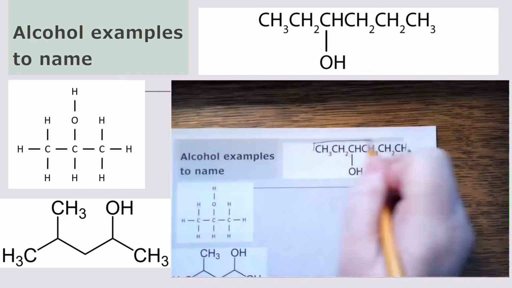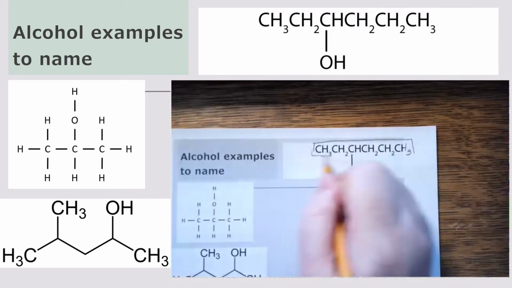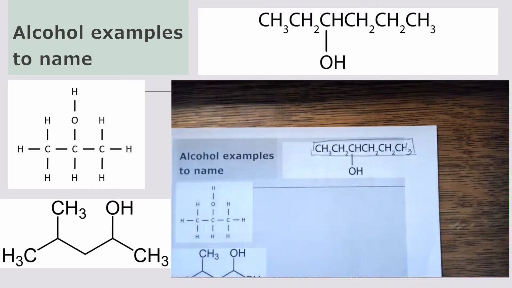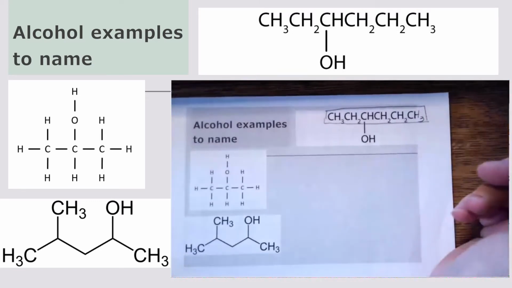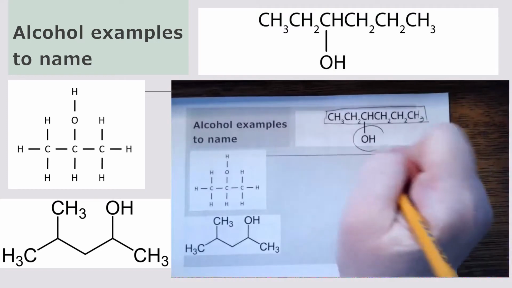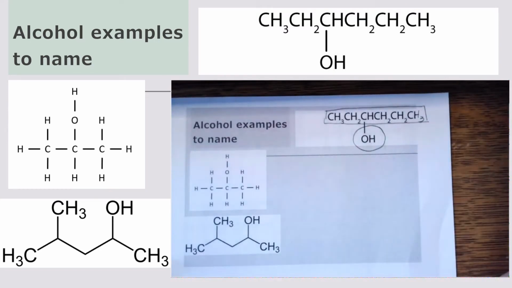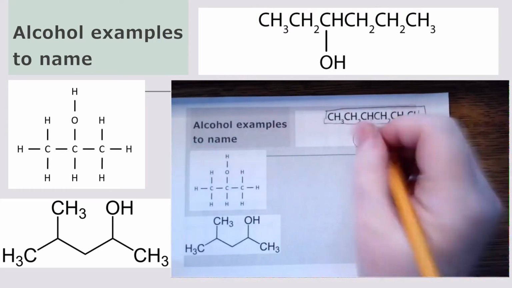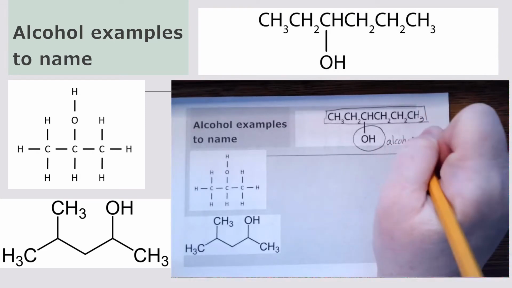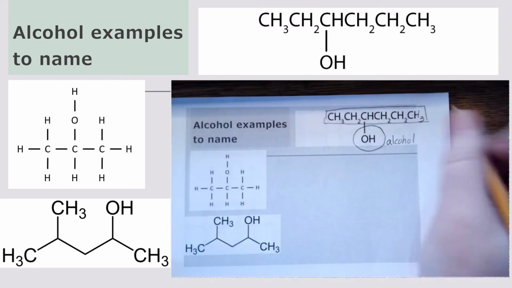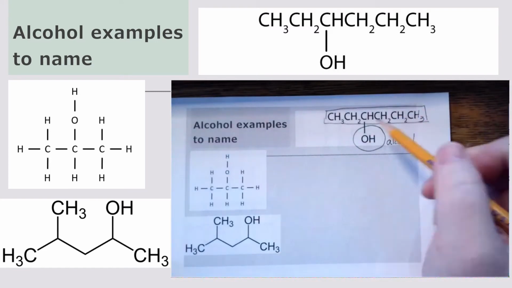So it's all connected in one chain, right? Now circle anything that comes off of the chain that's not a hydrogen only, right? So an OH, we just determined that is a functional group of an alcohol, right?